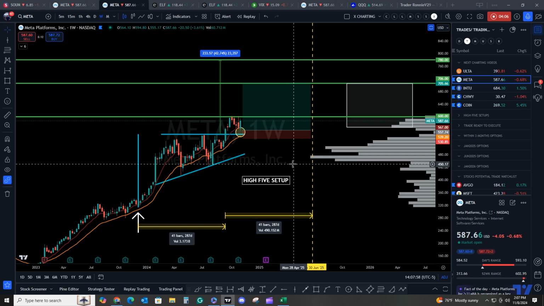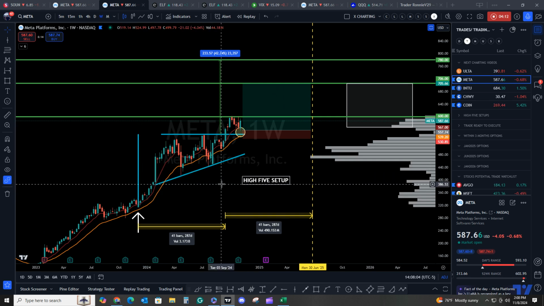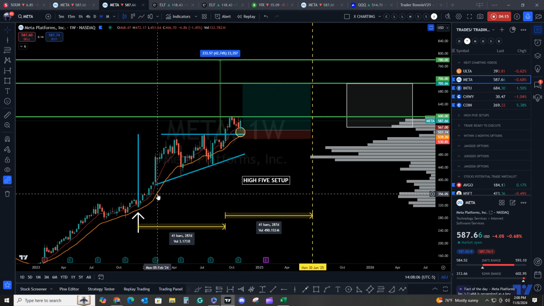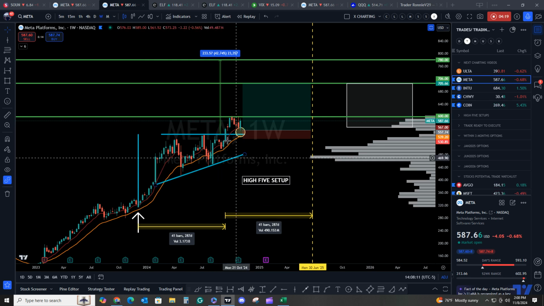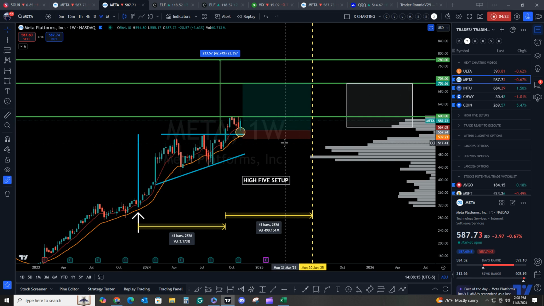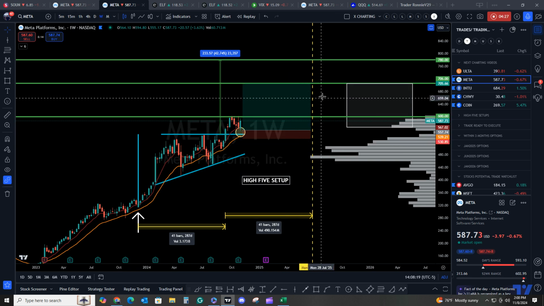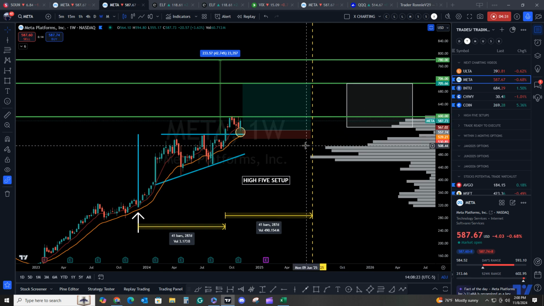And where do you get the time period? You're just going to make it up out of thin air? No, you have to get the time period from something. So you have to look back at the moves that it's made and say, if it took this long to make this ascending triangle, then it might take that long to get to our profit target of almost 43% higher. But that's why you have other profit targets along the way to take some profits, right?